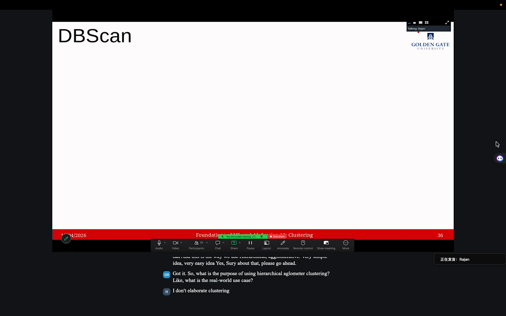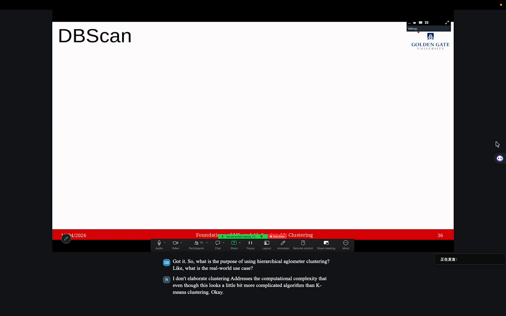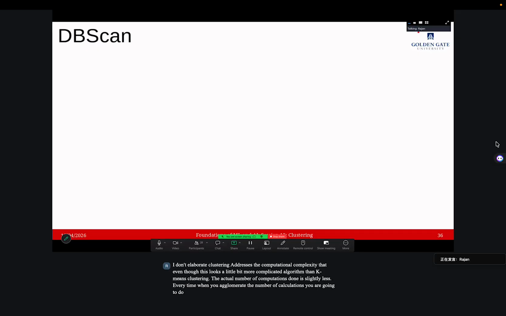It addresses the computational complexity that Prince Dubé expressed earlier. Even though this looks like a slightly more complicated algorithm than k-means clustering, the actual number of computations done is slightly less. Every time you agglomerate, the number of calculations you are going to do goes down, whereas in the other case it goes linearly, but in this case it doesn't grow linearly.